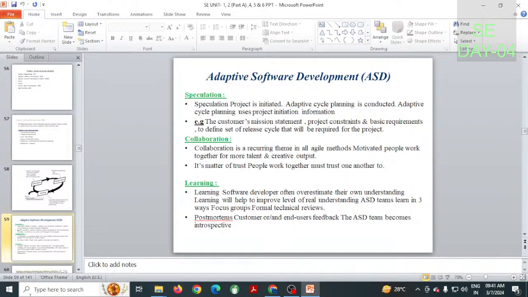These teams can learn in three ways, which focus groups especially for formal technical reviews. That is about adaptive software development.